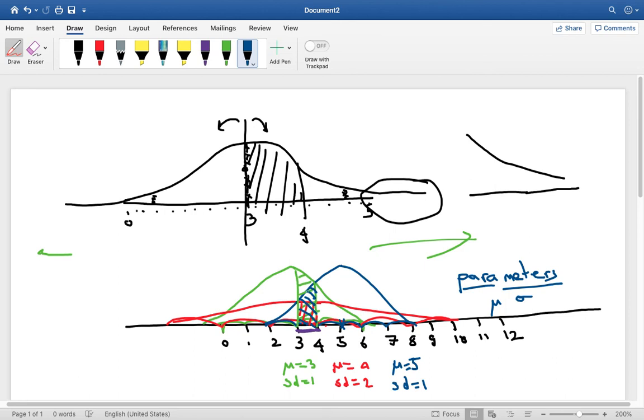So when this theory was developed a long time ago, maybe 300 years ago, they knew that the formulas to actually work out the areas under the curve were horrendous. So it was decided by Gauss, who was developing this theory at the time, that he was going to come up with a book or a manual. And in that manual, I can look up the probability.